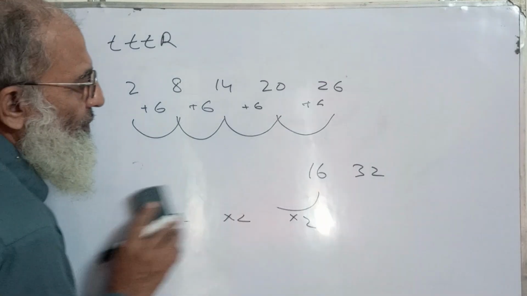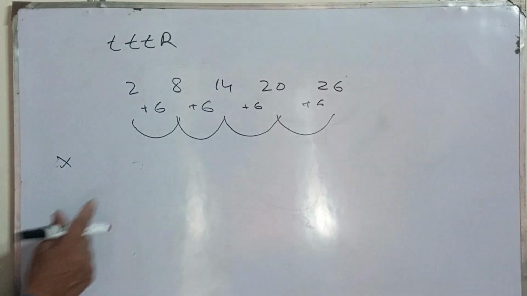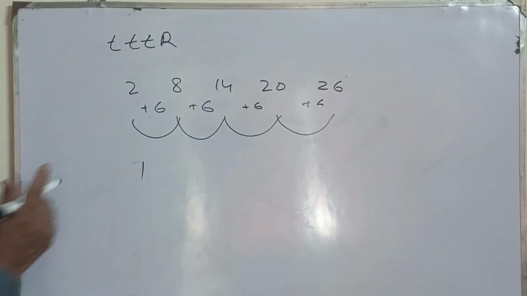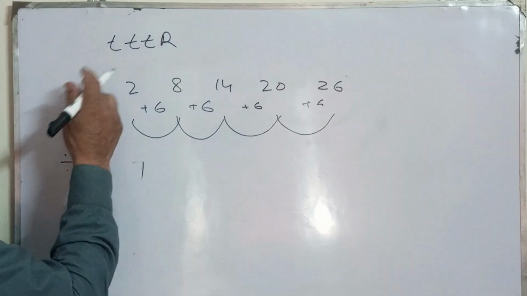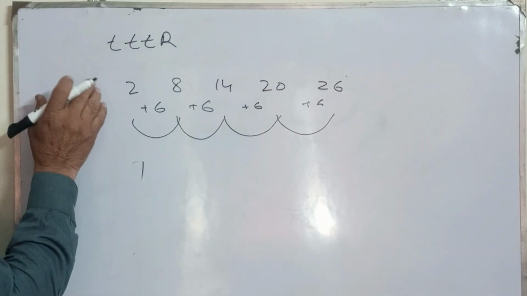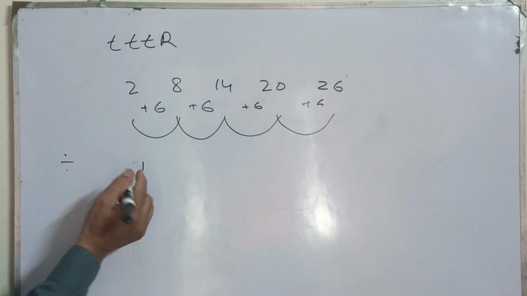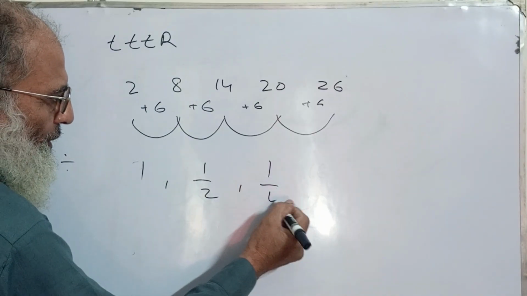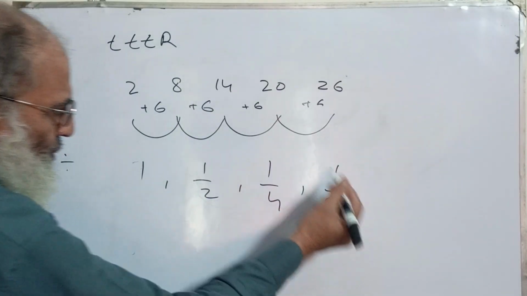Similarly, for division, the term to term rule is like this: 1 by 2, 1 by 4, 1 by 8, and so on.